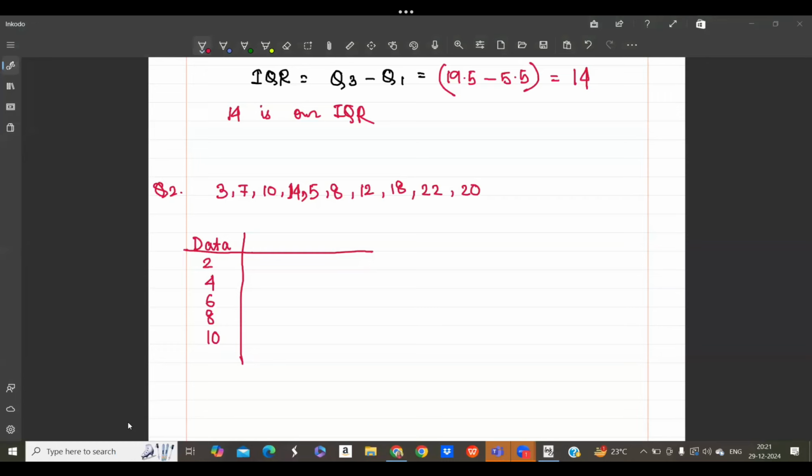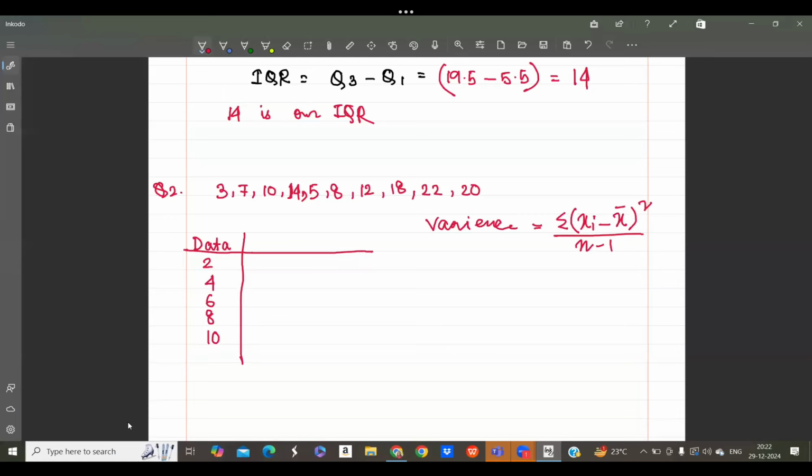This is the data, and to find out the variance, the formula is the summation of (data point minus the mean value) whole square, divided by n minus 1, right?